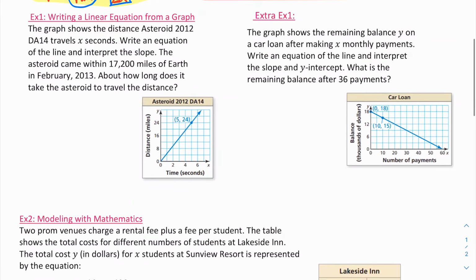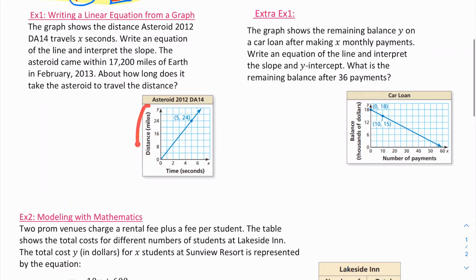So here we go. For the first problem, a graph shows the distance that asteroid 2012 DA14 travels in a given amount of seconds. You have to make sure you know what each axis stands for, because that's really important.